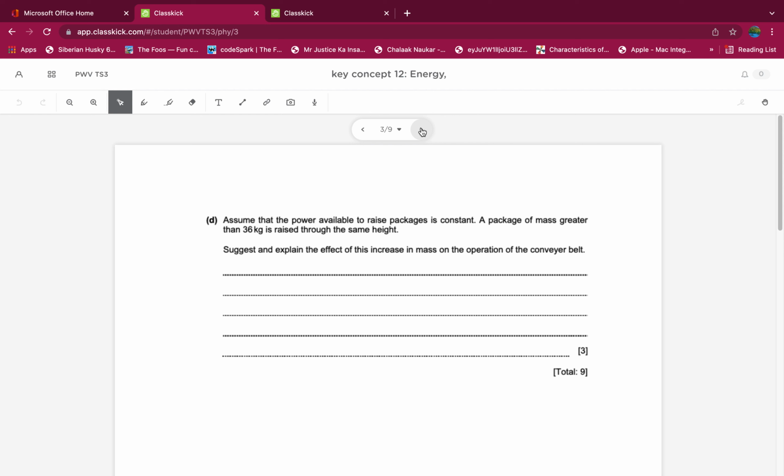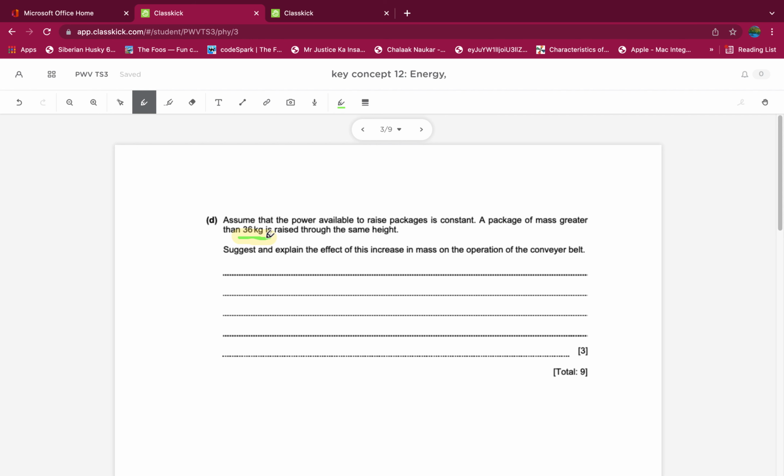The potential energy of the mass is increased. Simply, potential energy will be increased, because the mass has increased beyond 36 kg.